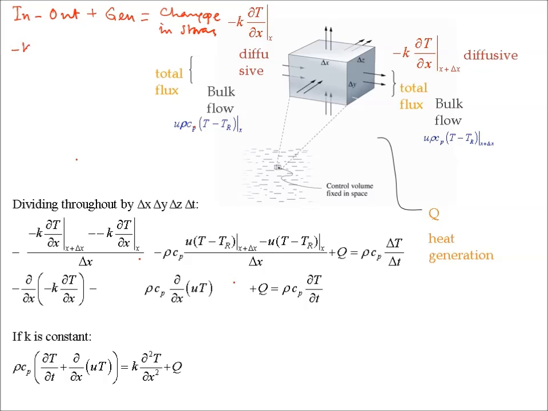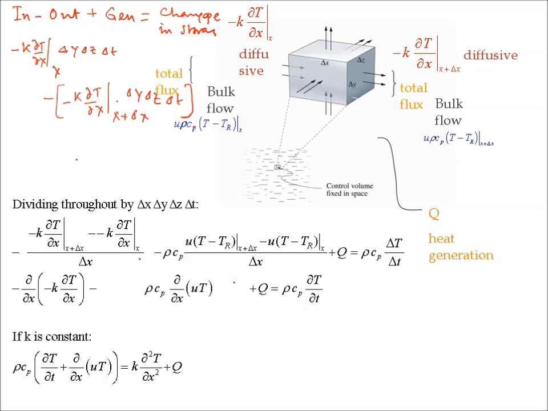For in was minus k del T del x at x, times delta y, delta z, delta t, right? And the other term, out, is minus k del T del x at x plus delta x times delta y, delta z, delta t.